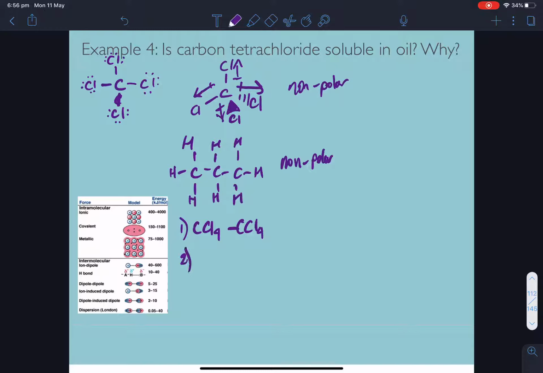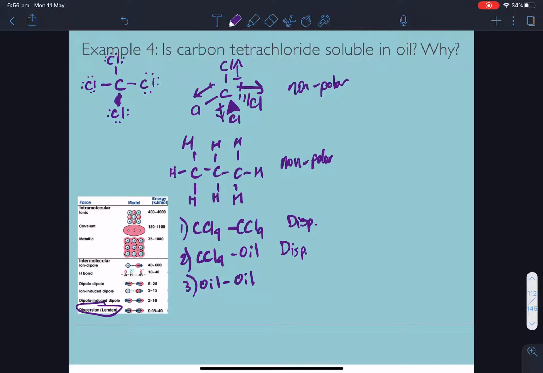Our second interaction is a carbon tetrachloride to oil. And our third interaction is an oil to oil. Those three possibilities. Carbon tetrachloride to carbon tetrachloride, well, we've got two nonpolar molecules, so it must just be dispersion forces. And carbon tetrachloride to oil, two nonpolar molecules, again dispersion.